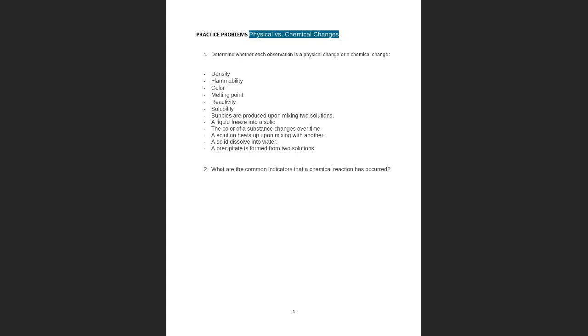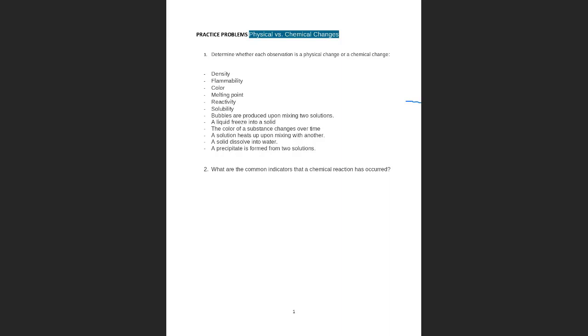The first question is to determine whether each observation is a physical change or a chemical change. So I will say the first one, density. If it's a physical change, you can message me, unless you want to unmute yourself. So you can tell me physical or chemical.